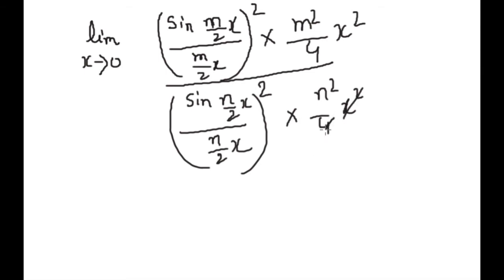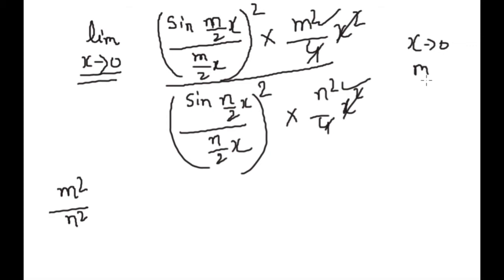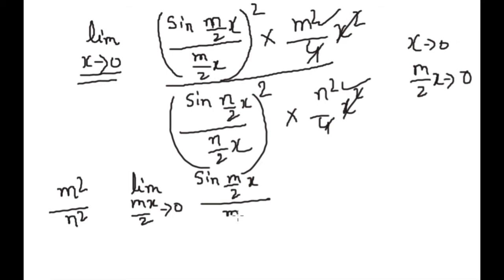So this x square by 4, we will cancel this, and this m square and n square we will write outside from limit because there is no x. Now when limit of x tends to 0, then limit of m by 2x is also 0. So we will write limit of mx by 2 tends to 0, sine m by 2x by m by 2x whole square.